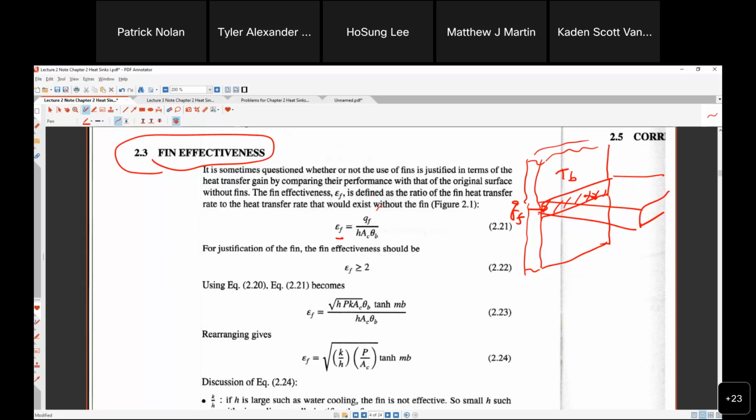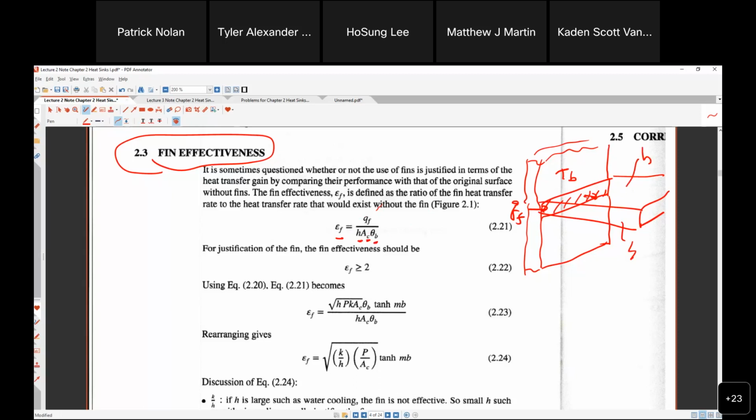So what would be the heat transfer without the fin? It is h, h is everywhere, and A_c, the base area, it must be the cross-section A_c, and then theta_b.